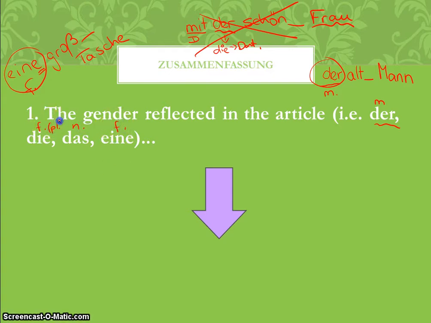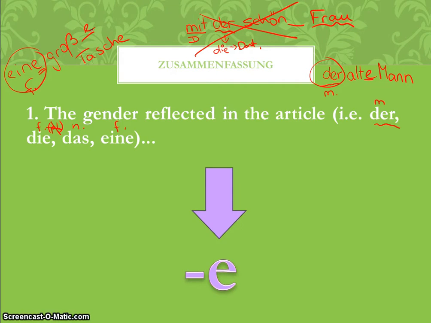Notice also the plural does not work. Not plural. All right, so if this is true, then our ending is E. So we would say der alte Mann, die eine große Tasche. So der, die, das, or eine, truly reflecting the gender of the noun, add an E.